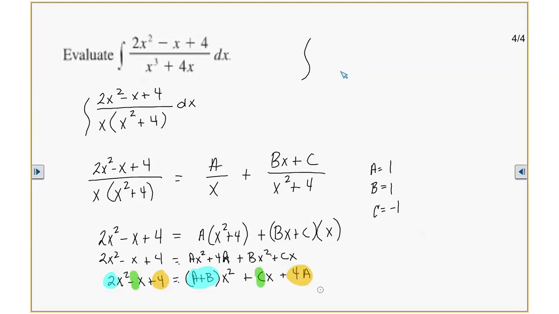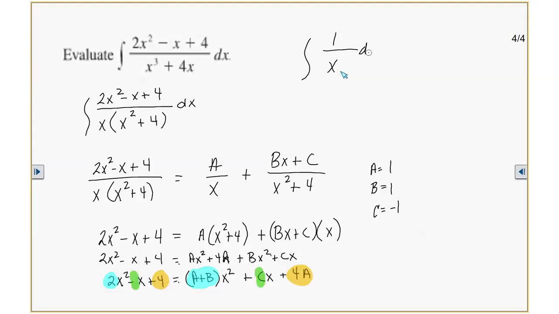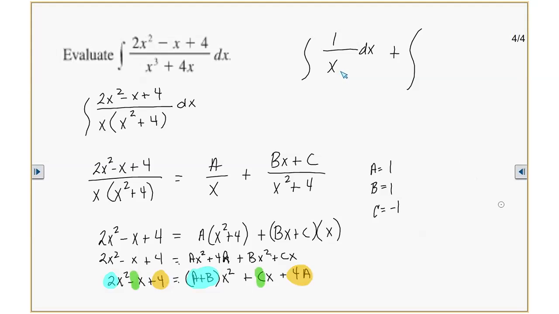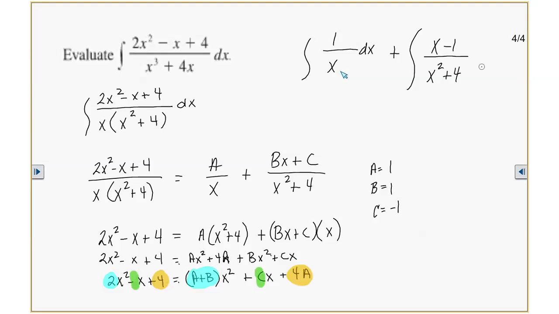Antiderivative of A over X dx plus the antiderivative of X minus 1 over X squared plus 4, check me. Yes or no? Looks like, yep.